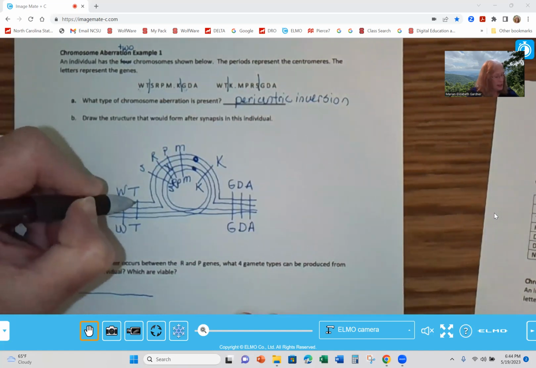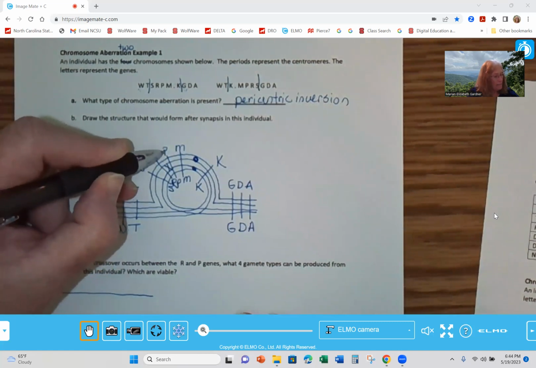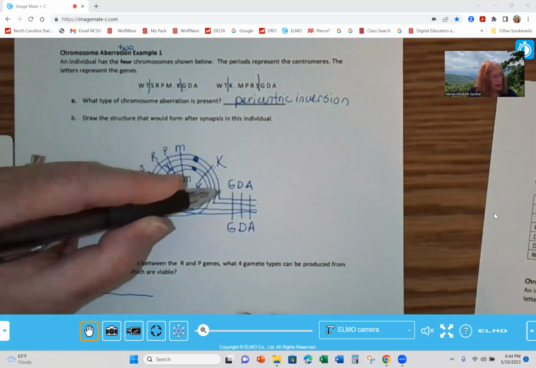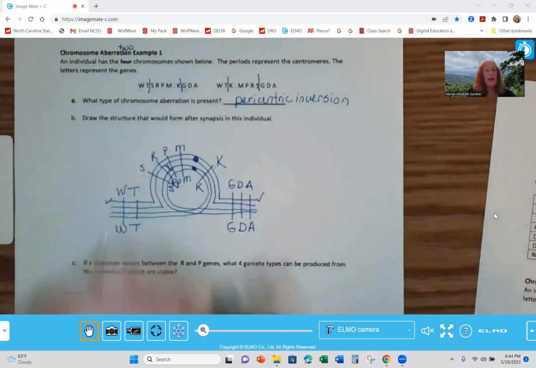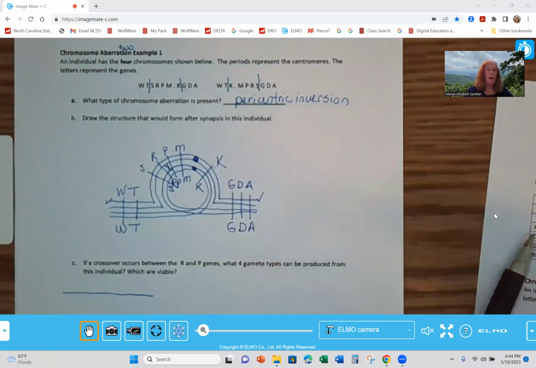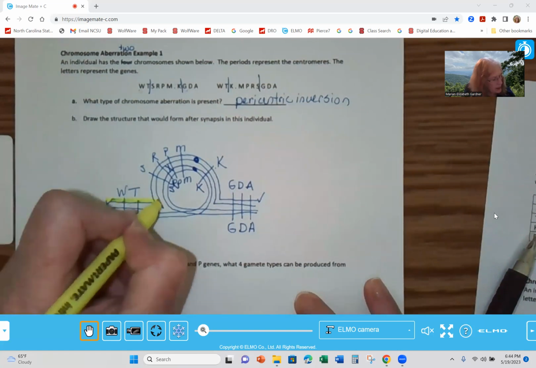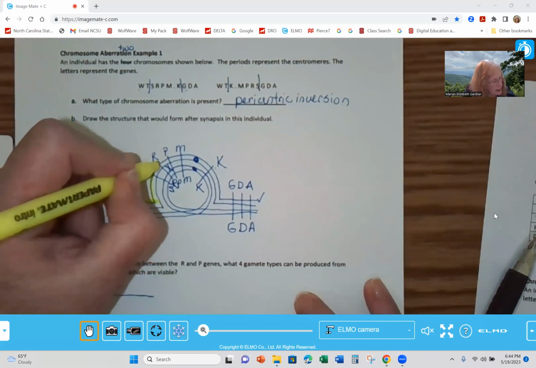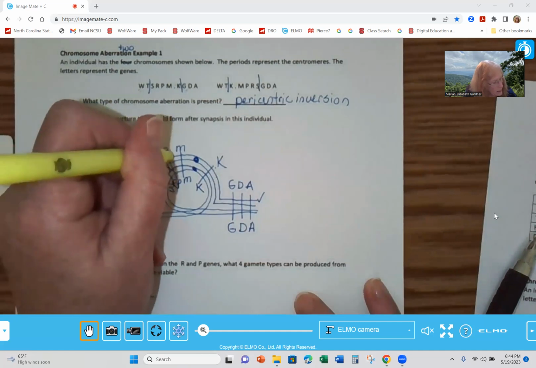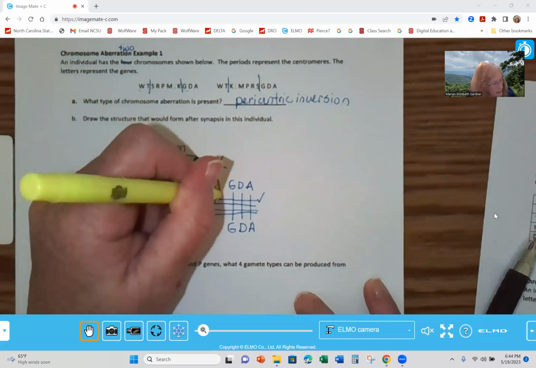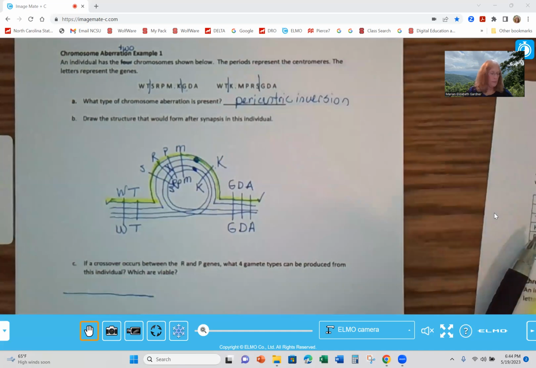So WT, SR, P, M centromere K, GDA. And that took me to the top on the right. So I'm just going to put those in yellow. WT, SR, P, M, K, GDA.